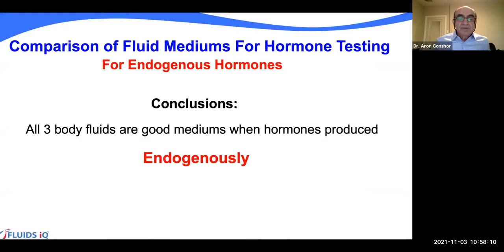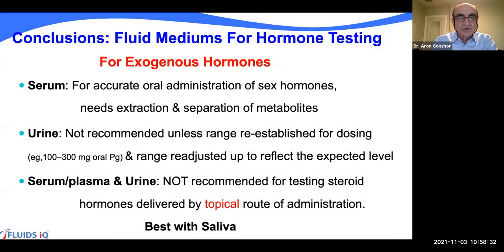So comparing for endogenous hormones, what's the conclusion? All three of the body fluids are good mediums. When hormones are produced endogenously, you can pick up a pretty decent understanding both of the total and, of course, free if that's what you're looking for. But for exogenous hormones, hormones that are given synthetically, etc., in the case of serum, it's for accurate oral administration of sex hormones.